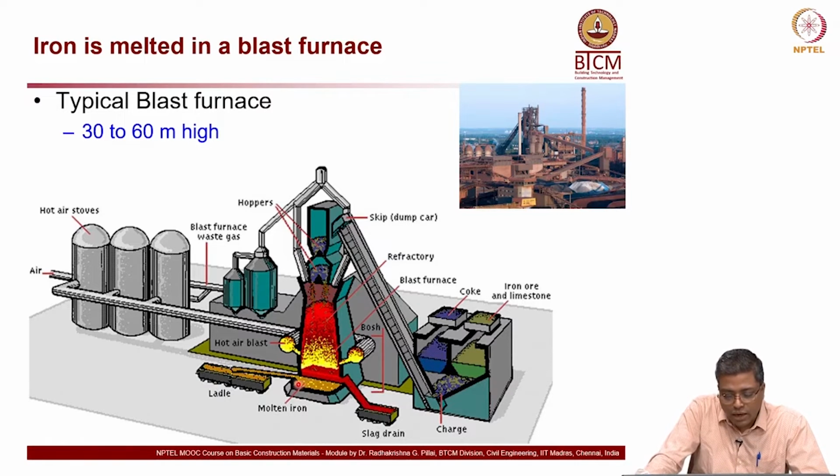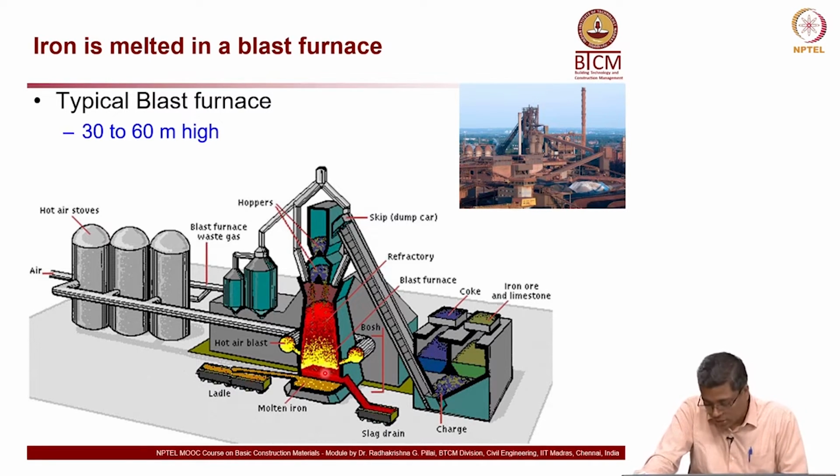You get molten iron at the bottom, and also some slag is formed, floating on the iron. The slag is also used for other purposes. You can see all the additional parts of the furnace which help in completing the process. You can spend some time reading each of these items and try to understand what each of these is for.